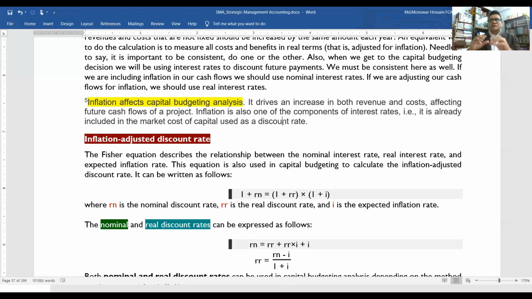Inflation is also one of the components of interest rates, that is, it is already included in the market cost of capital used as a discount rate.